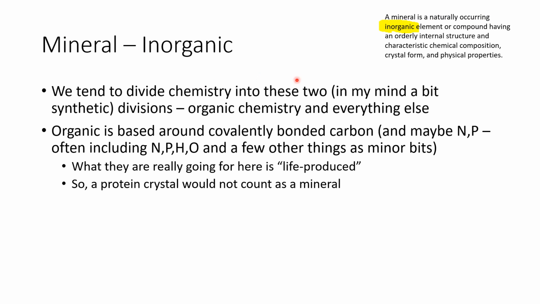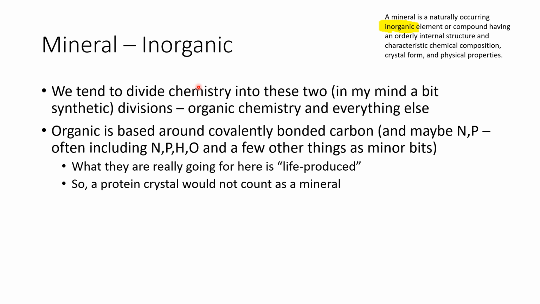And then the second piece, the inorganic. In chemistry, we tend to divide chemistry overall into a couple of classes: organic and kind of everything else, inorganic. Organic chemistry is a little tricky to define.